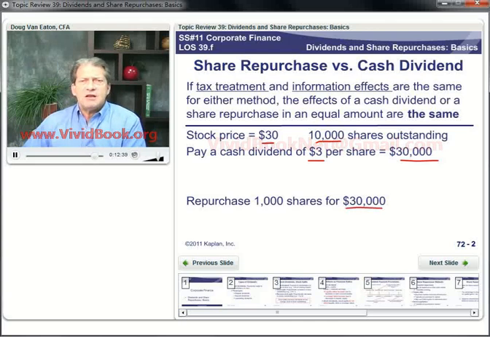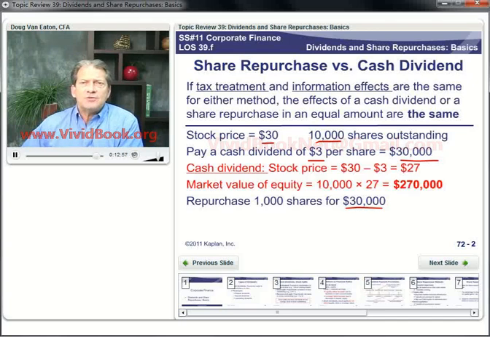Well, we'll see no matter which way we do this, and it's pretty straightforward, the remaining value of the shares is the same. Why? We've returned $30,000. That's all that went on. So if we look at the cash dividend, the stock price is going to fall to $27 if we pay a $3 a share dividend. And the market value of our equity will be $270,000.